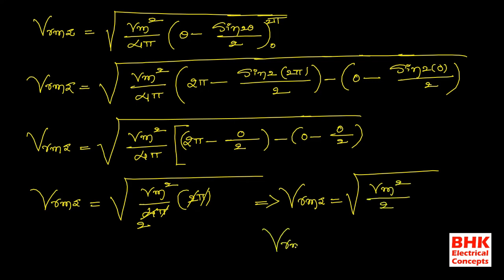Now again VRMS is equal to, I am just writing like this for numerator and denominator. So root of Vm square divided by 2, I am writing root of Vm square divided by root 2. Now here the square and root get cancelled, the remaining term is Vm divided by root 2. Okay, now this Vm divided by root 2 is the VRMS value, and we know that VRMS is equal to Vm divided by root 2.